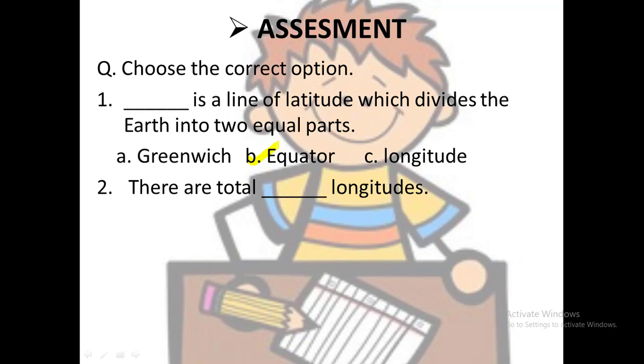Number 2, there are total dash longitudes, and you have option A 260, option B 180, option C 360. Yes, the correct answer is 360 degree.